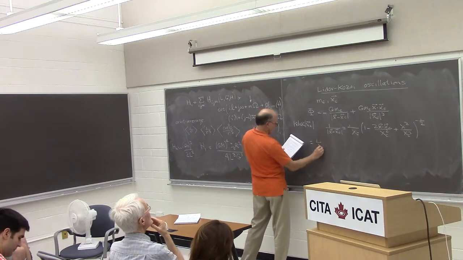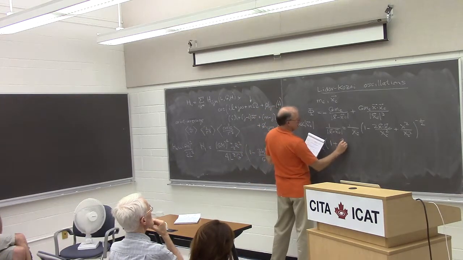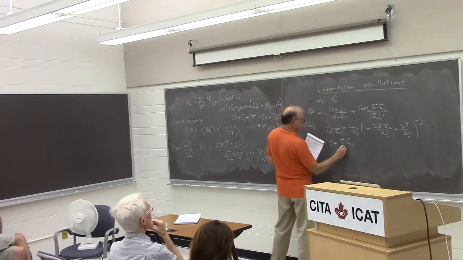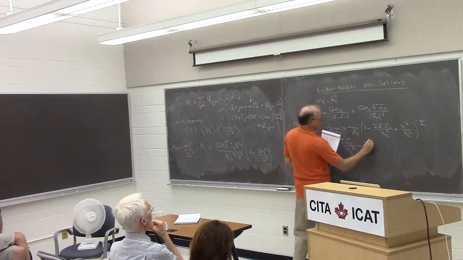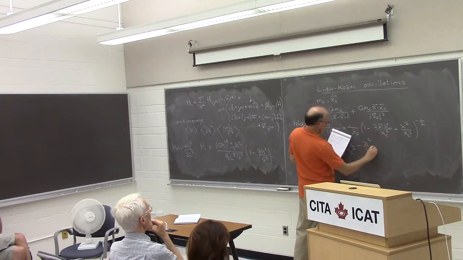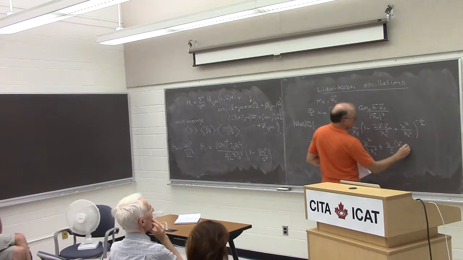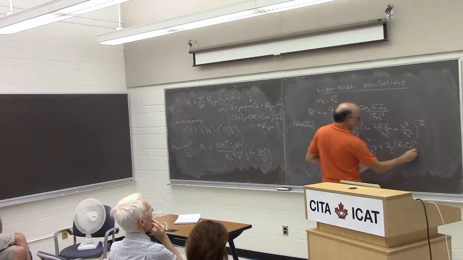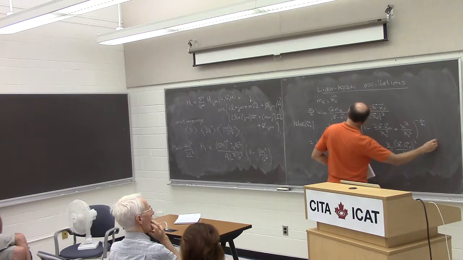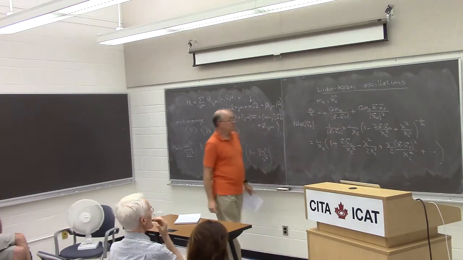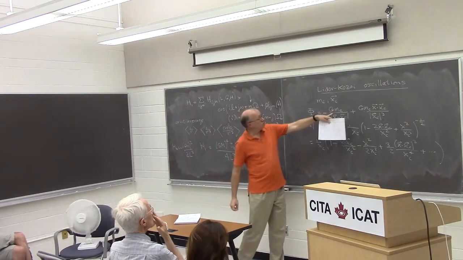You get 1 over x_c, times 1 plus x dot x_c over x_c squared, minus x squared over 2 x_c squared, plus 3 halves the dot product squared over x_c to the fourth, plus a set of terms that I'll neglect. Okay, and then I'll substitute this in here.